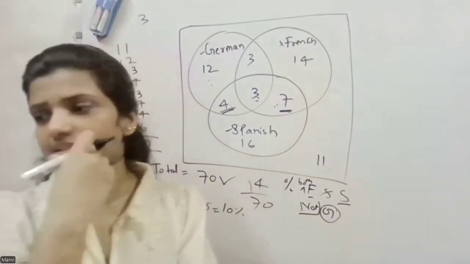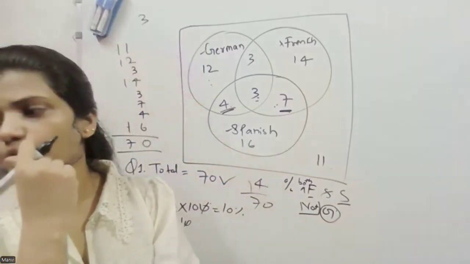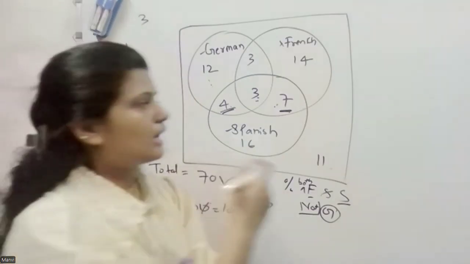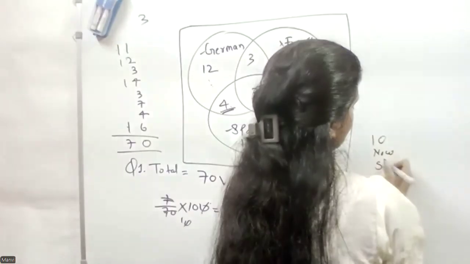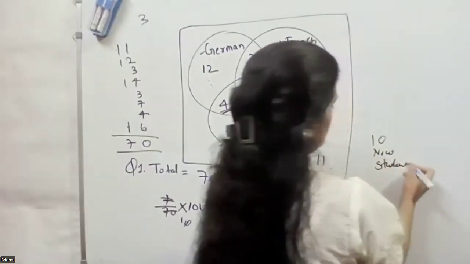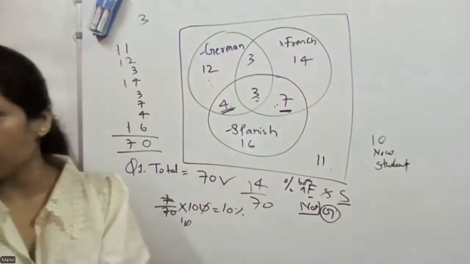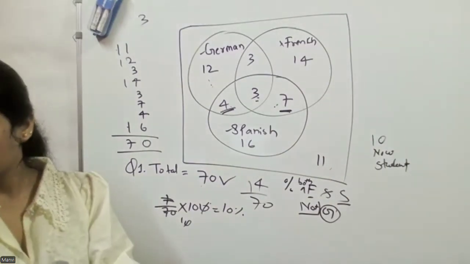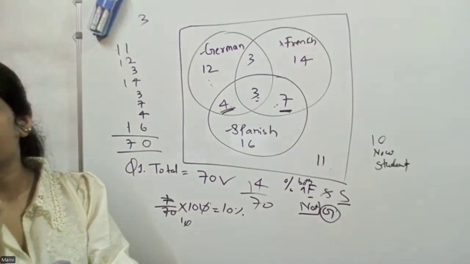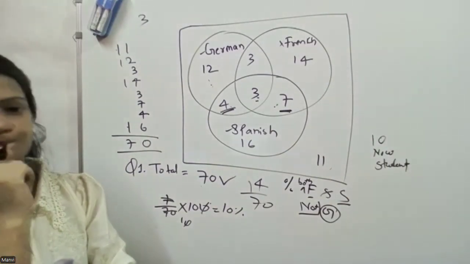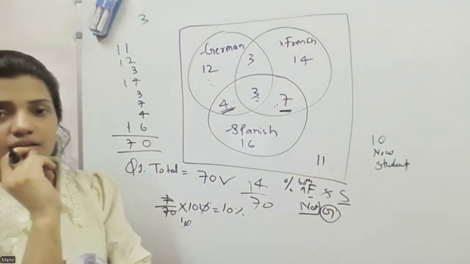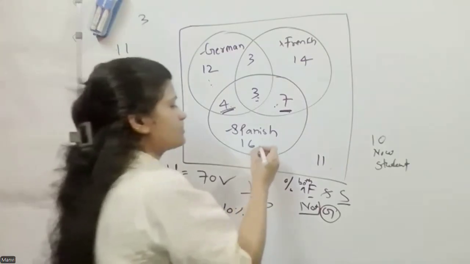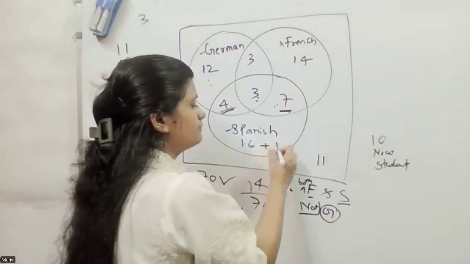For example, if I say 10 new students have joined in the school. 4 of them study only Spanish, which means we need to add that 4 here.